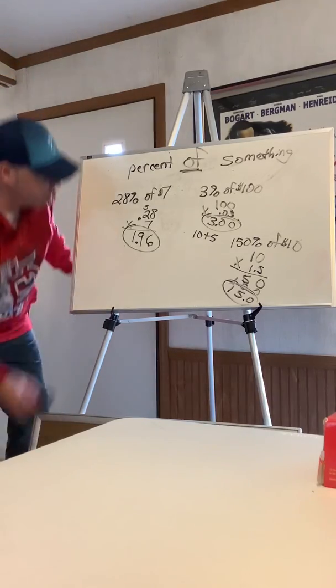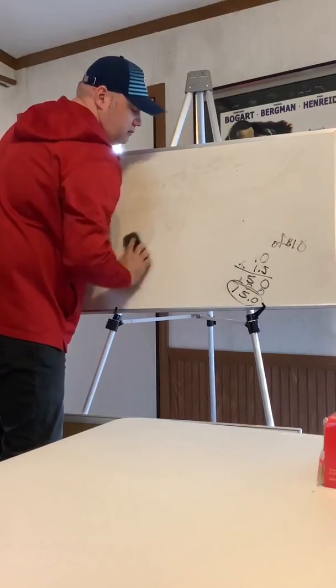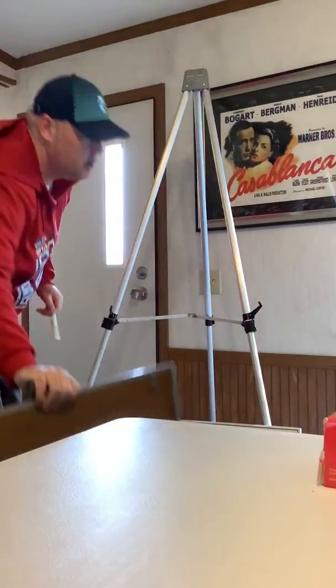So let me put up some problems, and I'm going to switch boards here actually, so it's a little bit clearer. Okay. So we've got, I want you to turn these decimals to percents. So this goes back to the first thing.